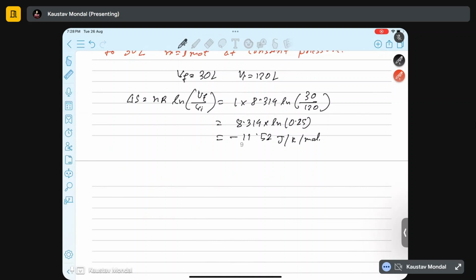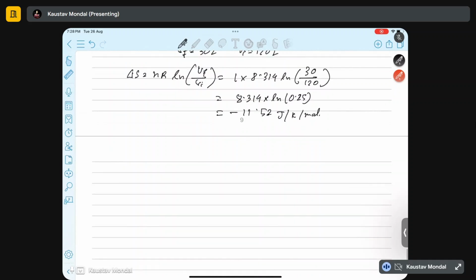Now from here, we will consider the case where instead of changing the volume, we will be changing the temperature.